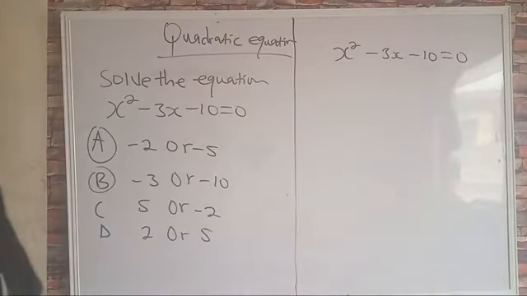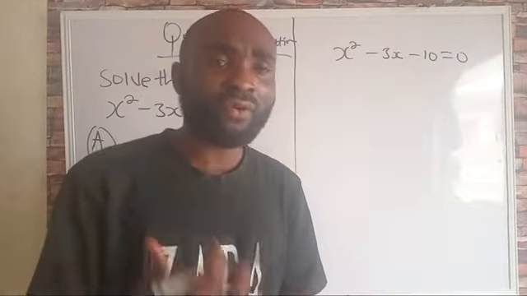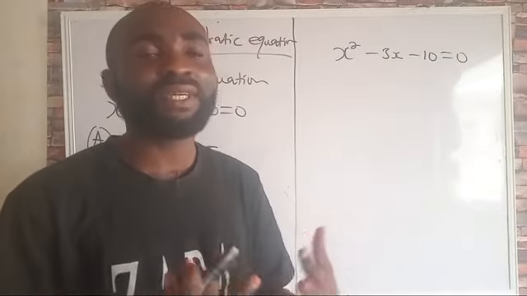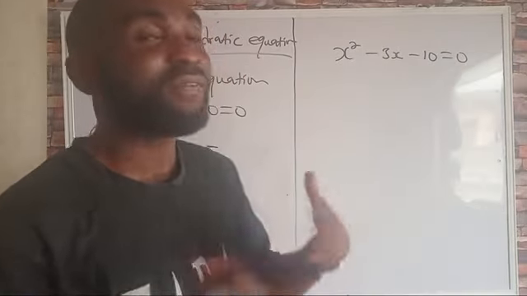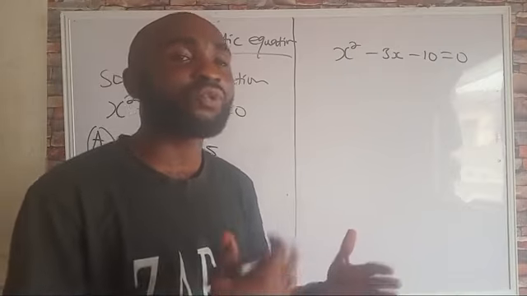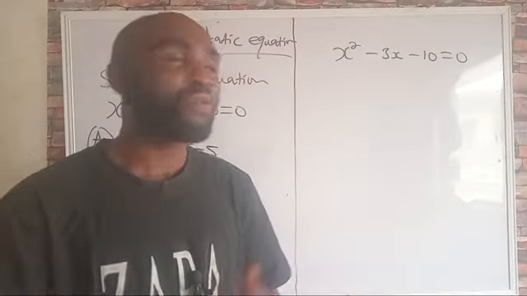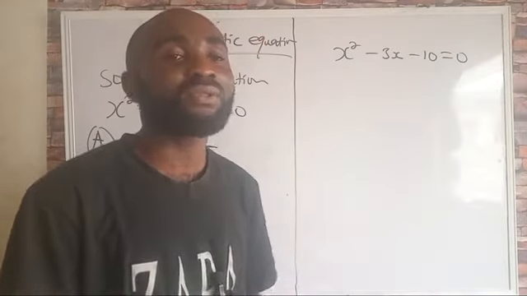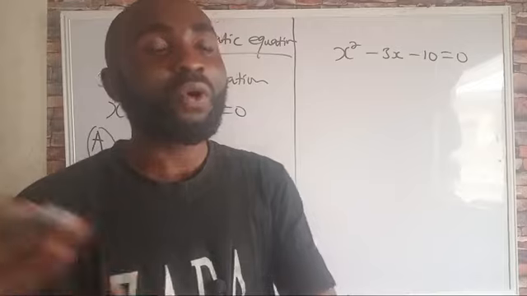Like I explained before in simultaneous equations, in quadratic equations too, we have different methods of handling them. You can decide to use the graphical method, the completing the square method, factorization, or the almighty formula.